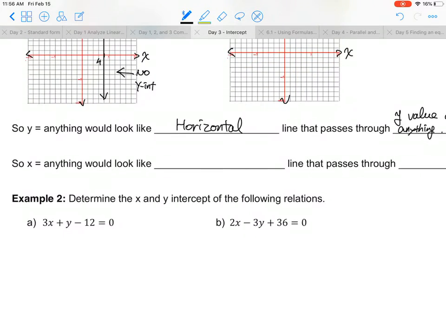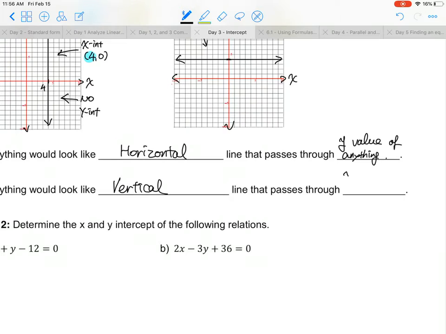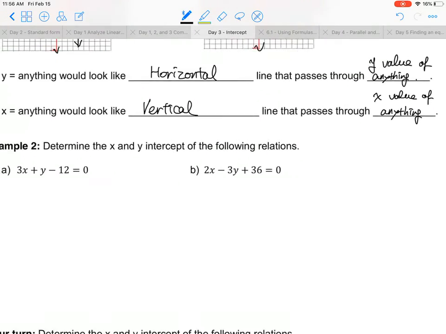Then x equals anything will be a vertical line that passes through the x value of that anything, okay? So if it was x equals -2, then it will pass through -2.